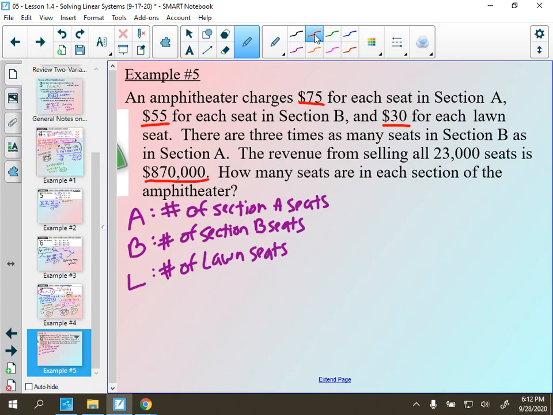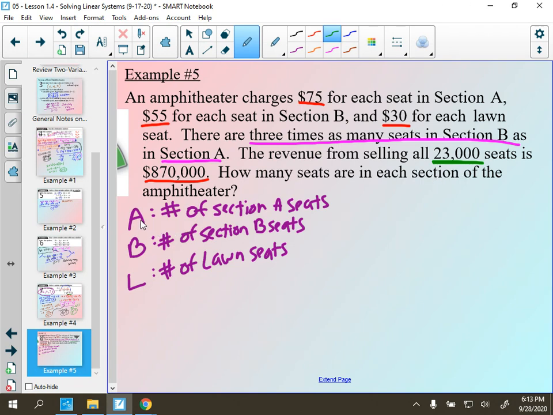There's a spot that says there's 3 times as many seats in section B as A. And then here's a third piece: there's a total quantity of 23,000 seats. It doesn't necessarily matter what order we set these up in, but that's the information we're going to use.